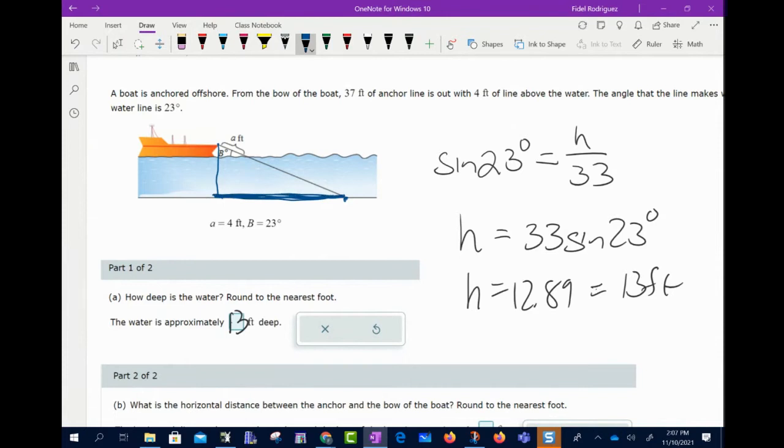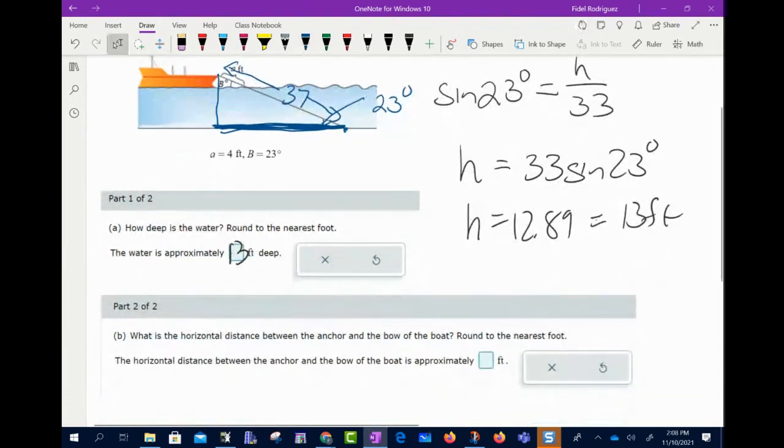that value right there. Okay, I still know that this angle here is 23 degrees. That we know for certain. And we know that the total distance from here to there is 37. And so if we're trying to find this value here in blue, what trig function could we use? Cosine, right?